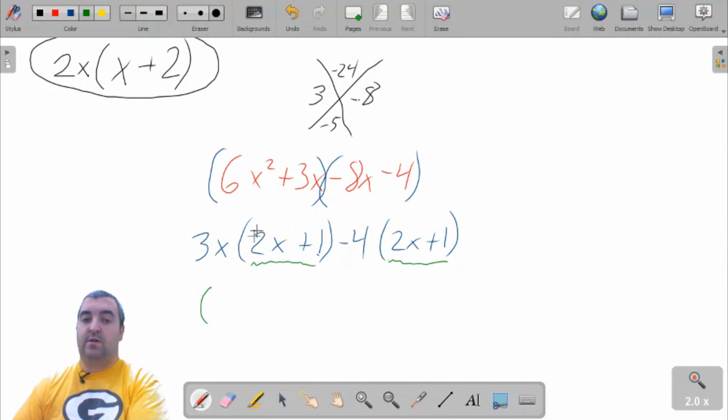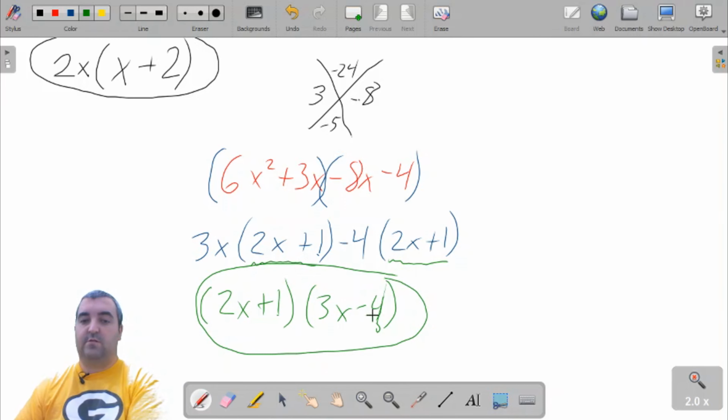So now you take what's similar, and you're actually technically factoring it out of both. It's another GCF factoring. So you take that, you factor them out, and then you're left with 3x minus 4, and there is our factored form using this product sum method.